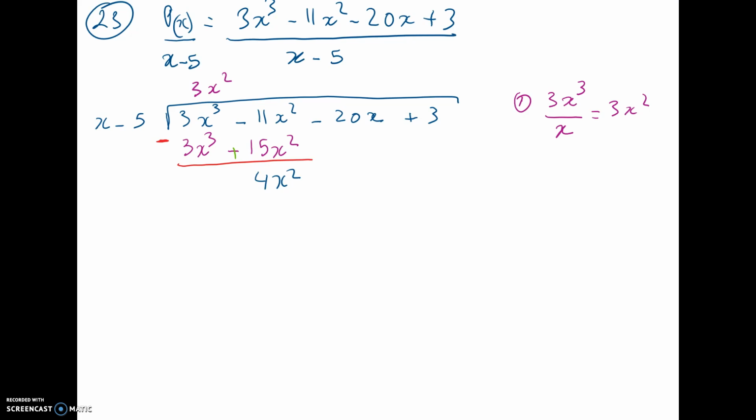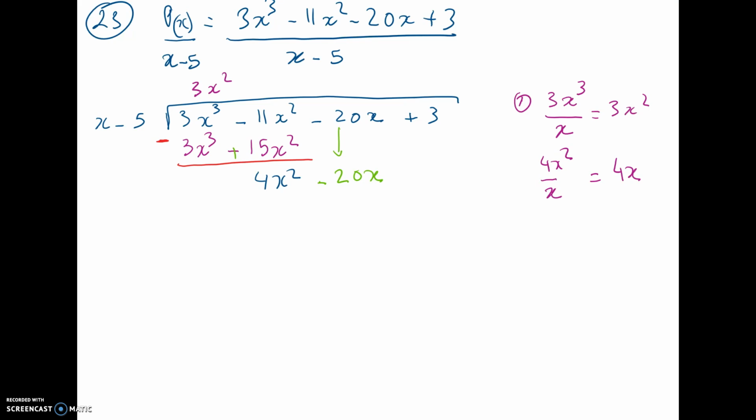I'm going to bring down the negative 20x, and I repeat the process, which is taking the first term, 4x squared, and dividing 4x squared by x, the first term of x minus 5, and that gives me 4x.